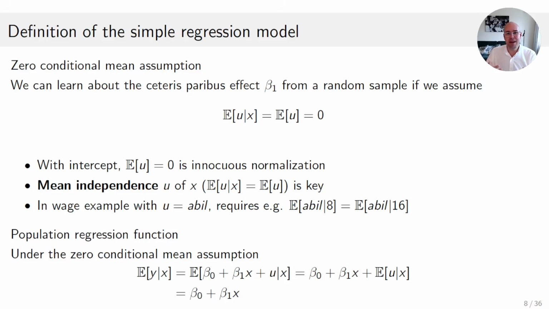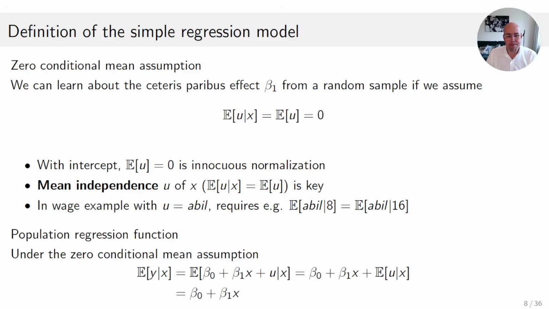So when somebody has a higher ability, is smarter, if you will, then that person will choose to go to school for longer, and that immediately implies that this equality here does not hold anymore, because the expected ability of somebody who goes to school for 8 years would then be smaller than the expected ability for somebody who goes to school for 16 years.